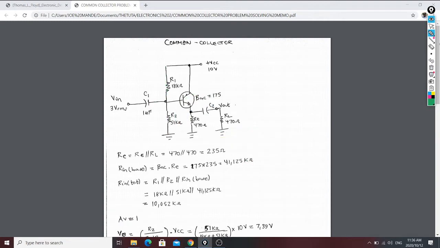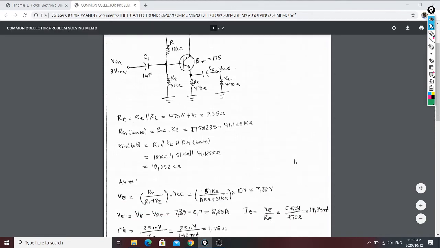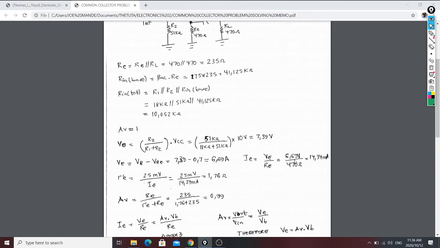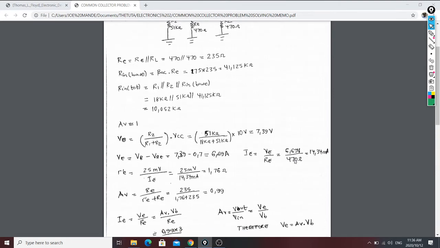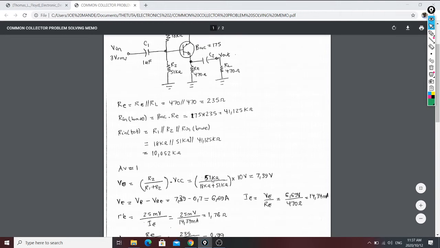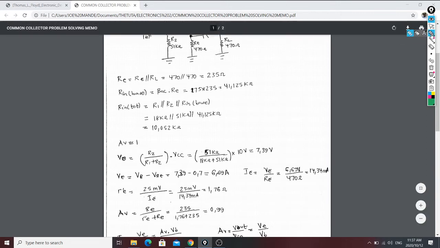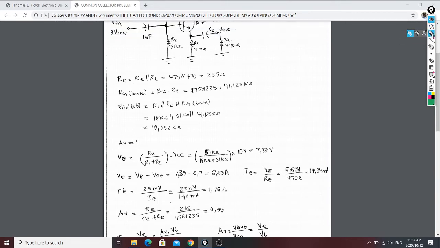So now we are going to prove that by doing our calculation. The first thing we are going to do is apply our voltage divider, because if you apply your voltage divider, you want to get your V base in the DC analysis. But in this case, sometimes we don't check if it's stiff or not stiff, because we already know that this circuit is going to have a bigger internal resistance.